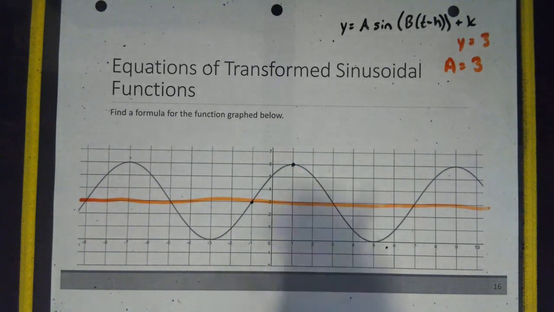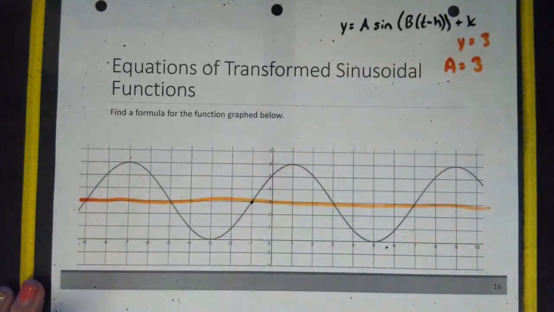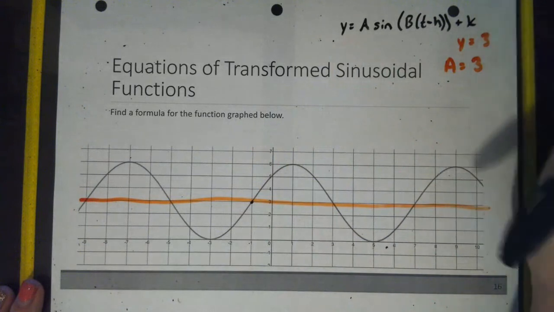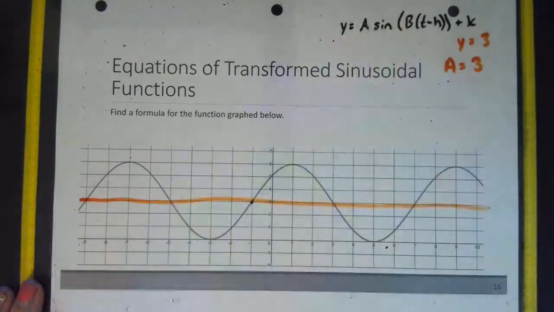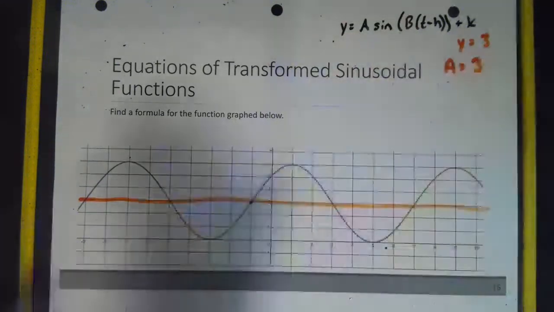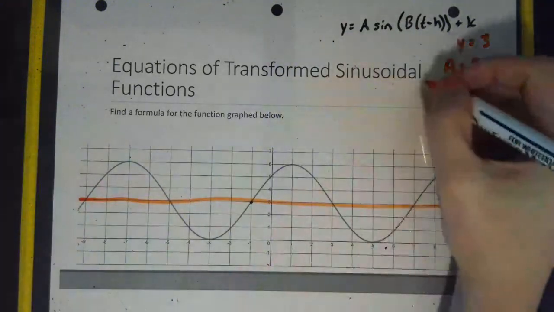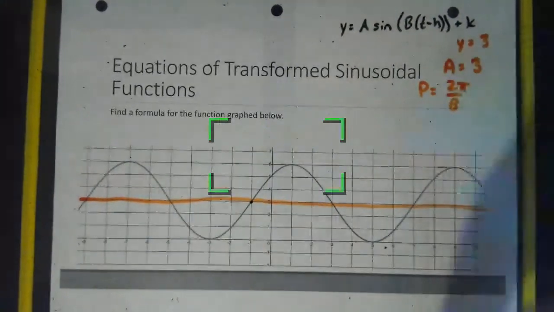So if we think of this as a sine graph, then we're going to stick with this form. We have our y value, which is our midline, which is k in there. We have our a value. We need our b, which is related to our period, because period p is equal to 2 pi over b.